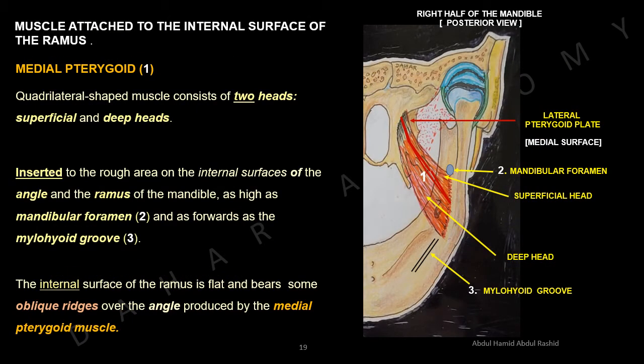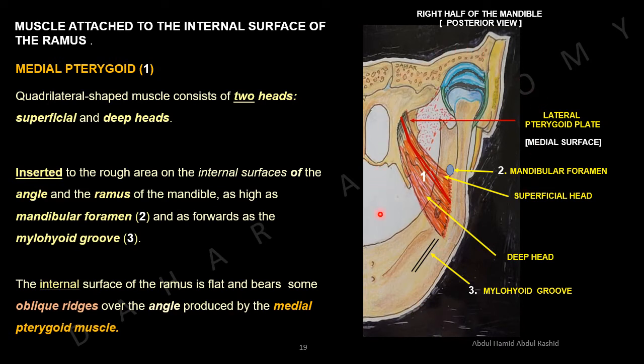Muscle attached to the internal surface of the ramus. Look at the diagram first. This is right half of the mandible. This is right temporomandibular joint. This is right ramus, and this is right angle, and this is right body of the mandible.